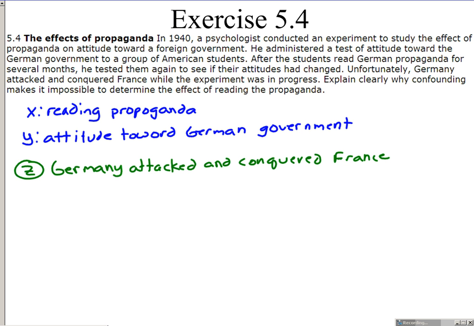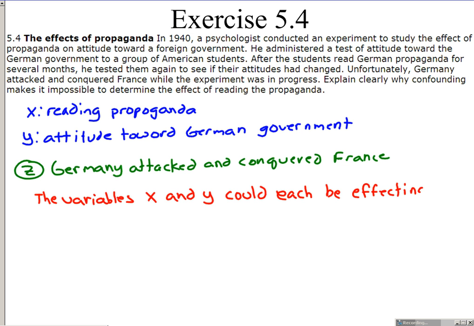So why is this confounding? Well, this is confounding because the variables x and z could each be affecting the U.S. students' attitudes toward the German government.